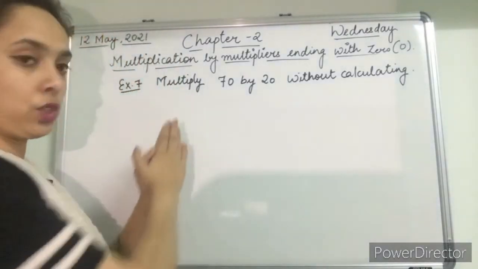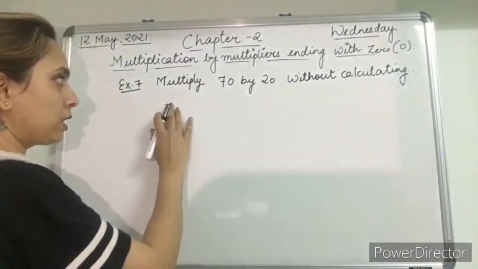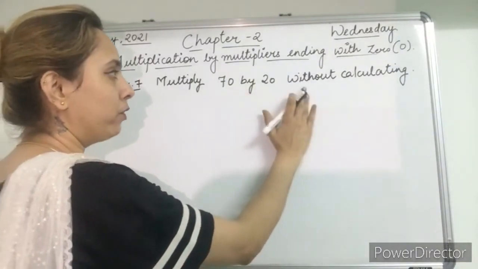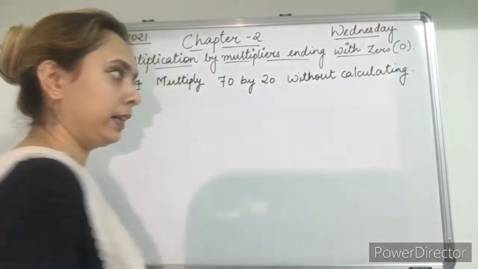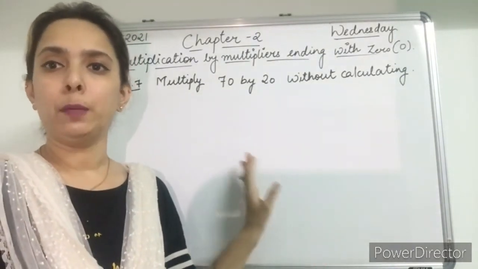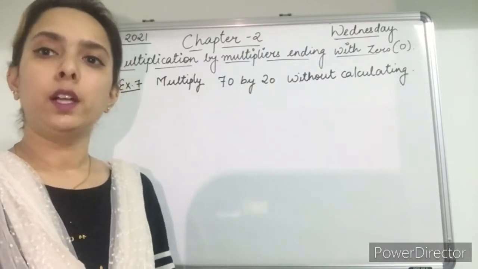My first question, as an example, I have taken from your book only: multiply 70 by 20 without calculating. We don't have to perform the complete multiplication here. We will learn how to multiply them directly.